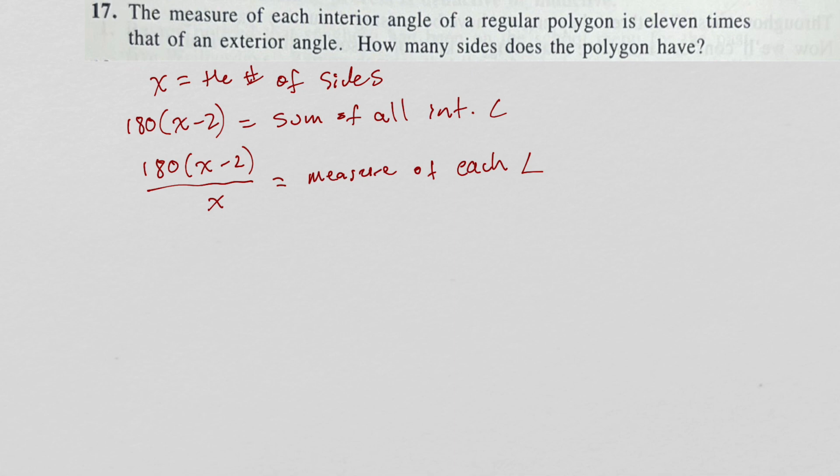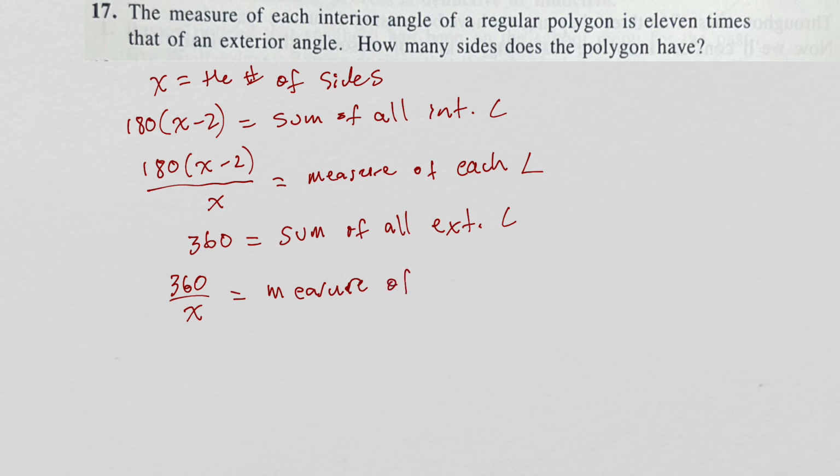And remember that 360 is the sum of all exterior angles. That means 360 divided by x equals the measure of one exterior angle.